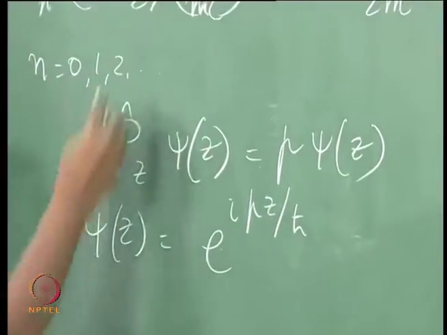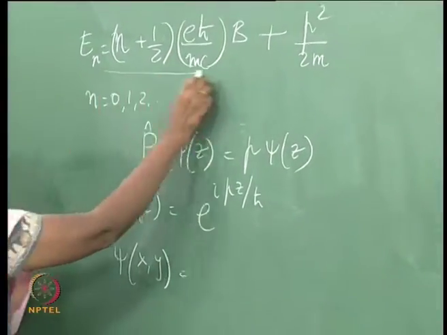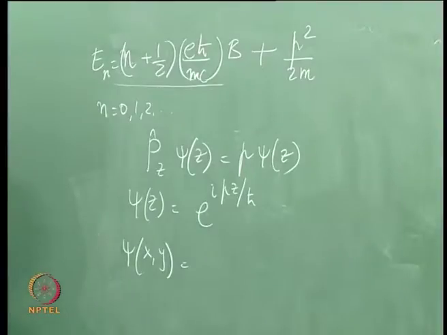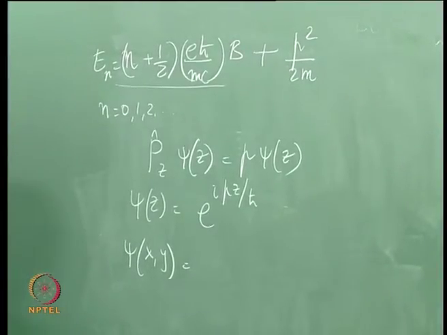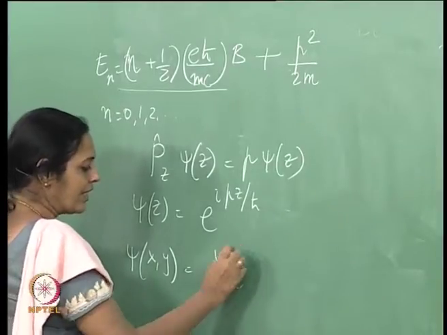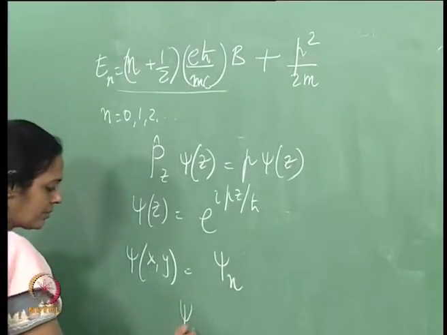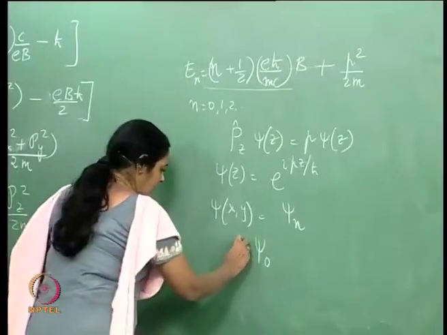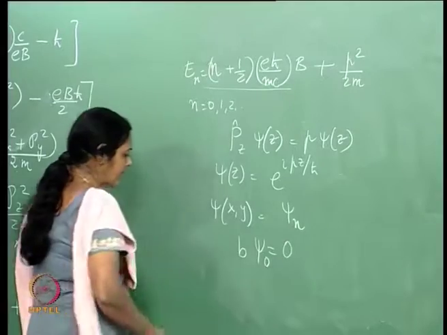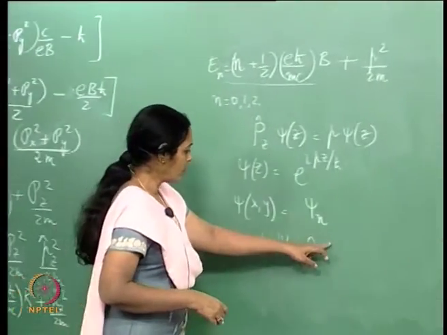And as far as psi(x,y) is concerned, that is the eigenfunction corresponding to this discrete spectrum. I know that the solutions are the harmonic oscillator solutions psi_n. It is clear that psi_0, the lowest state, will be an eigenstate of the operator B with the trivial eigenvalue 0.